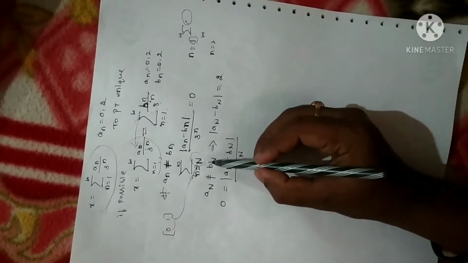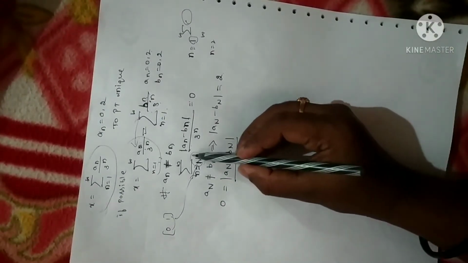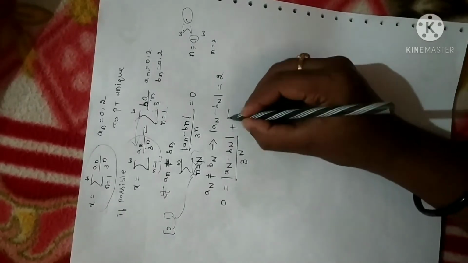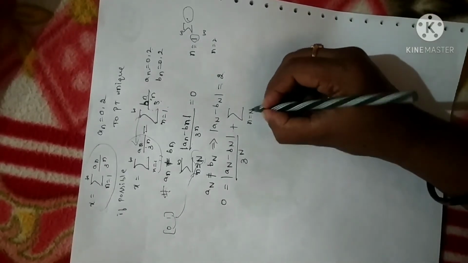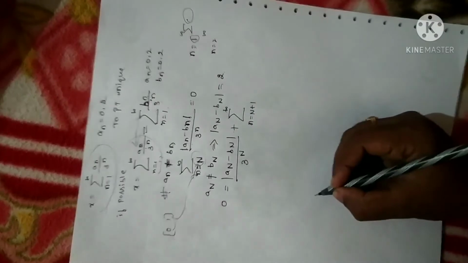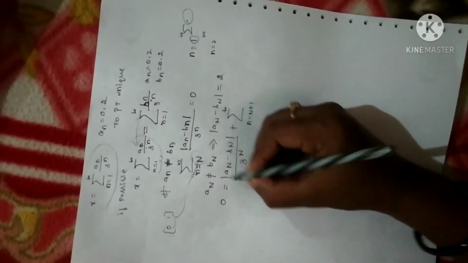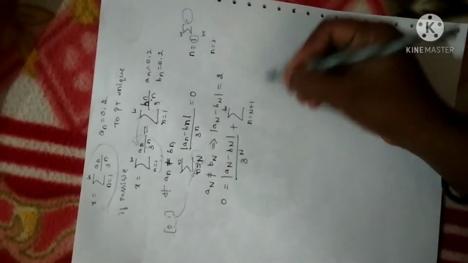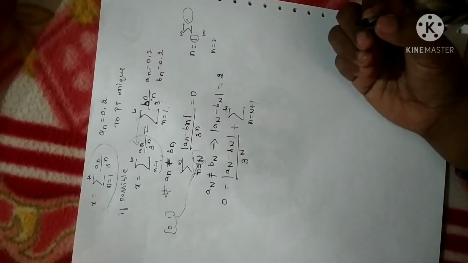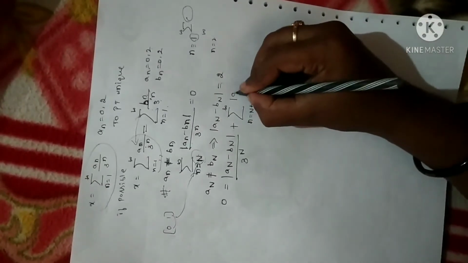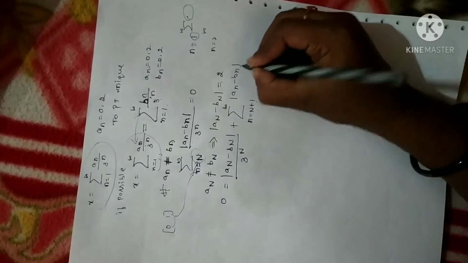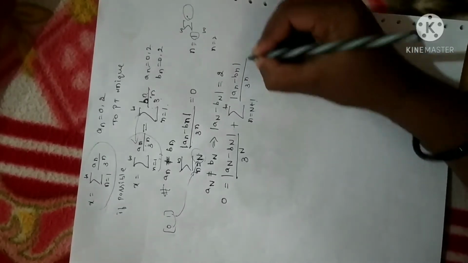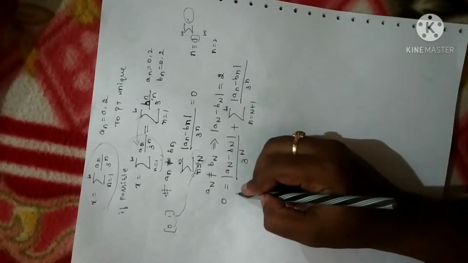In the same way, I have substituted n is equal to n. So I can write the next value as n is equal to n plus 1 to infinity. Why? Because the first value I have already assigned. So it starts with the next value given by n plus 1. Fine. Now let me write this expression as it is. Is equal to 0, I have already written.